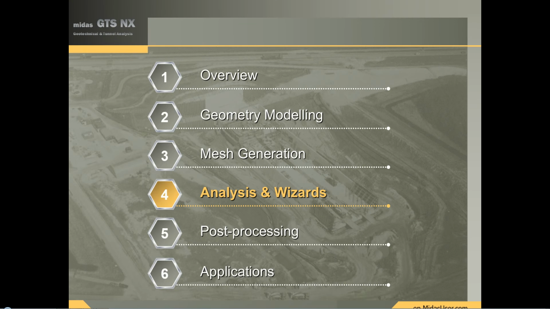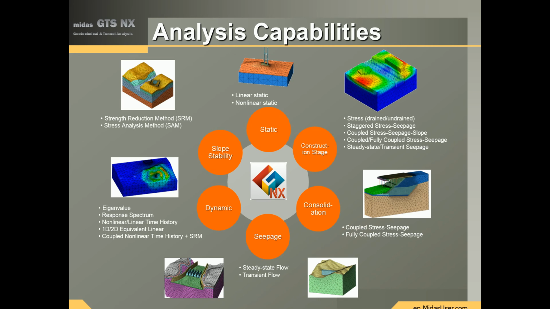Just want to take you back to the presentation briefly and go through the analysis and different wizards that we provide. So GTS comes loaded with a multitude of analysis options, as you can visualize on the screen there.